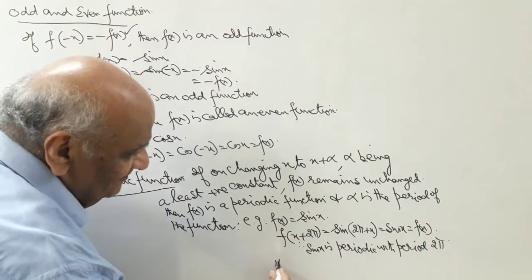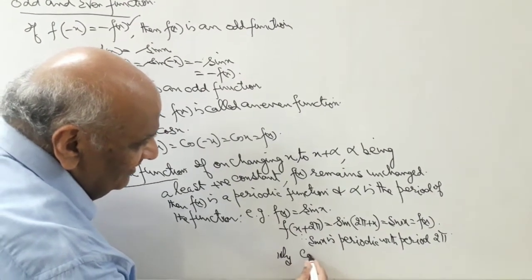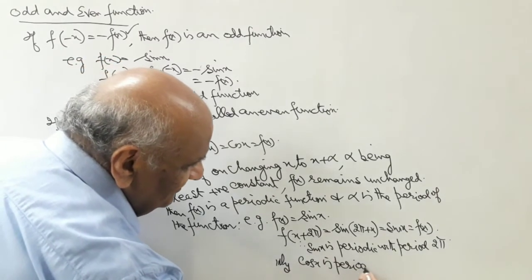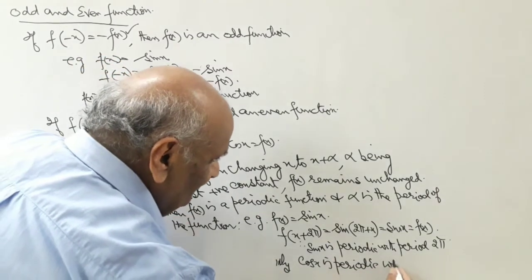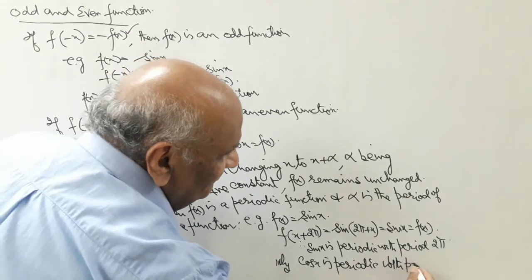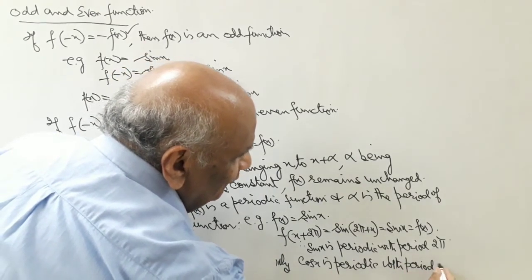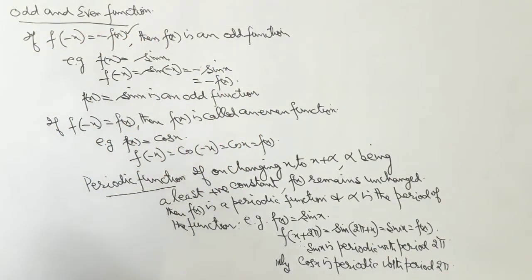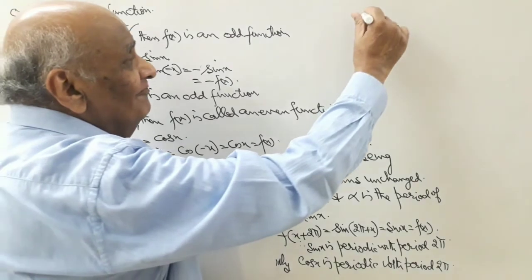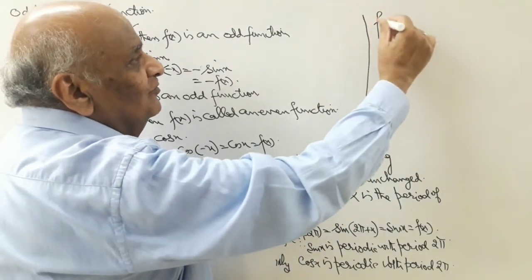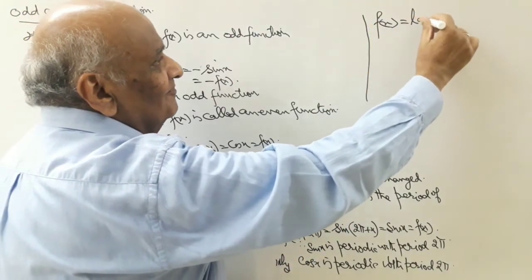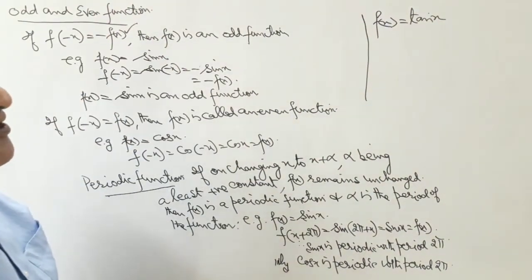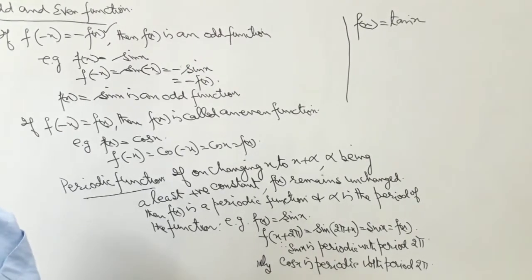Similarly, you can add here cos x is periodic with the period 2 pi. Try to understand it. But now the question is, if you have here fx is equal to tan x, check out. If fx is equal to tan x, now if I increase by 2 pi, it is tan x.